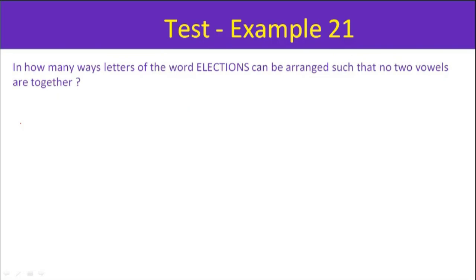So the method is I will put consonants first and then I'll identify the number of places for vowels. I'll select any 4 places, then I'll shuffle vowels and then I'll shuffle consonants. And you should be able to narrate what it is that you're doing. Only when you start speaking, yeah, this is what I'm doing.